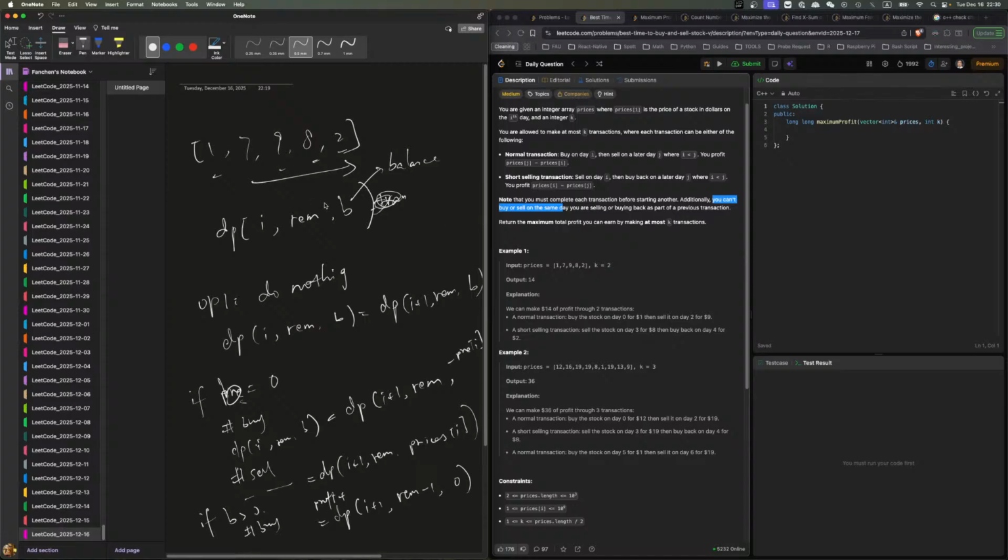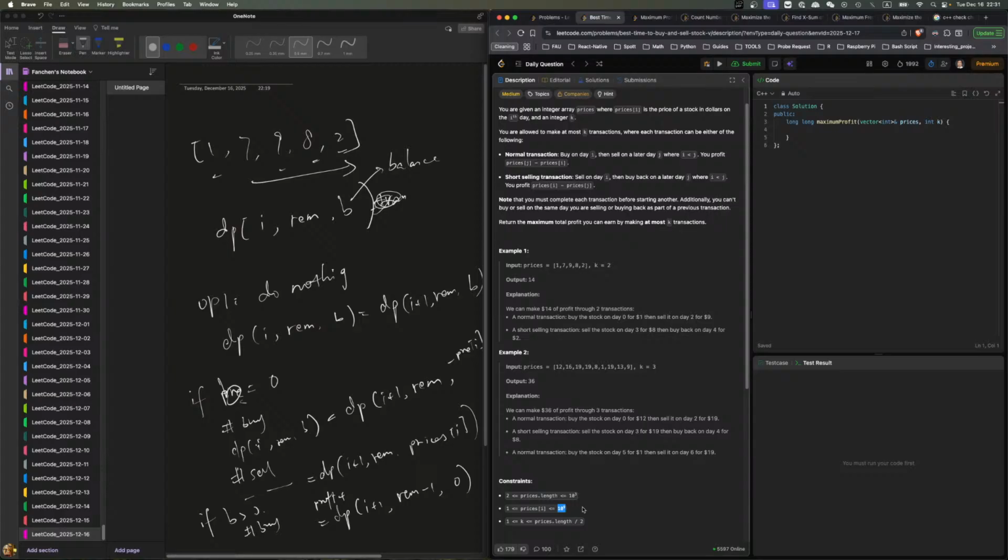So with this, remaining is basically K, and then the balance. Oh, holy crap! That is huge. I wonder if I even need to do it this way.